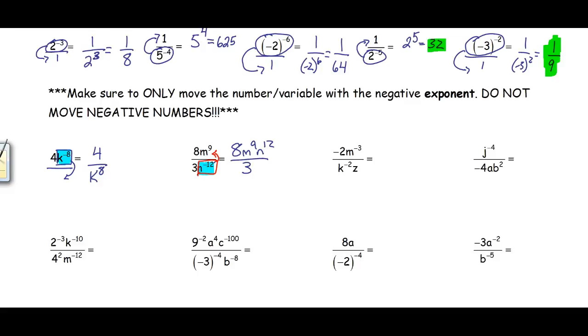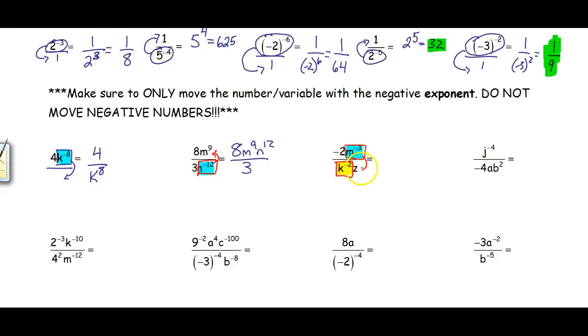All right, the next one. Sometimes you end up having to move a couple different variables. So m to the negative 3, that's going to move. Remember we are not moving negative numbers, so just because the negative 2 is up there does not mean we're moving it. But we also have to move k to the negative 2nd. Both of those have negative exponents, so we have to move both of them.